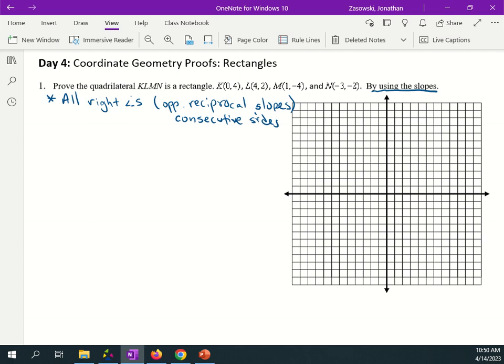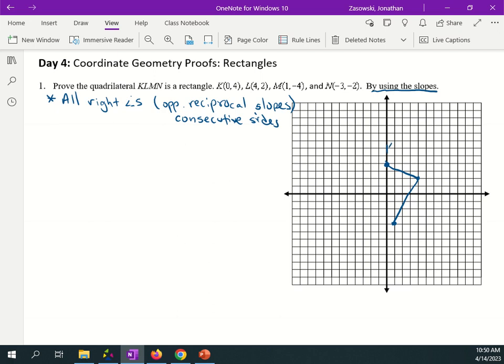So if I graph K, which is (0, 4), and L, which is (4, 2), okay, this line, when I connect to M, which is (1, -4), these two lines here are supposed to make a right angle, okay?